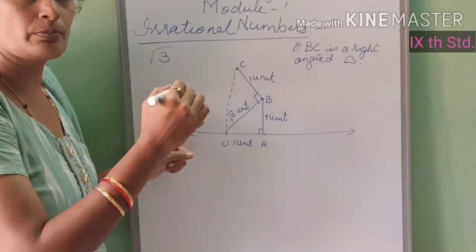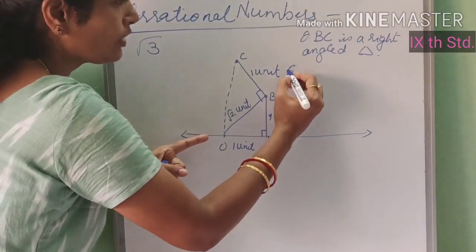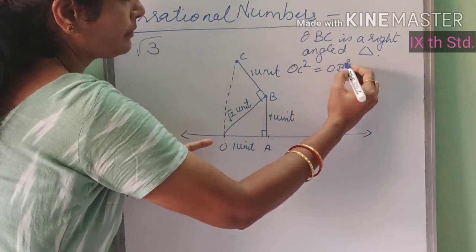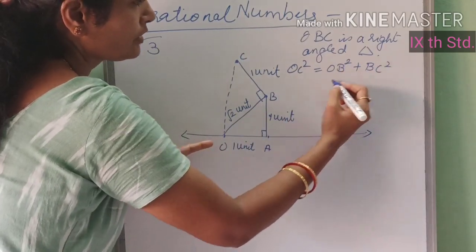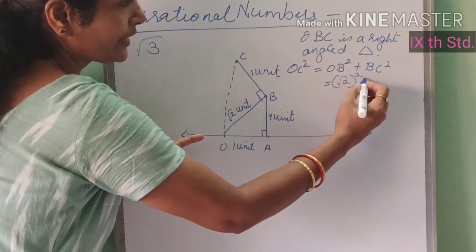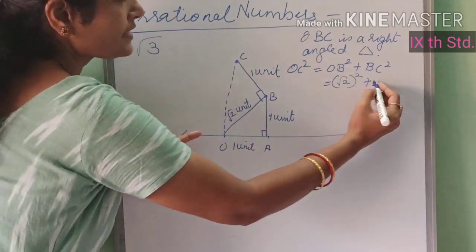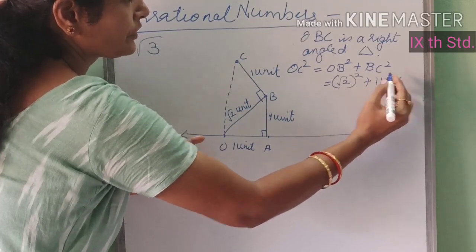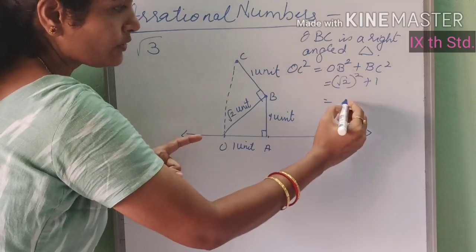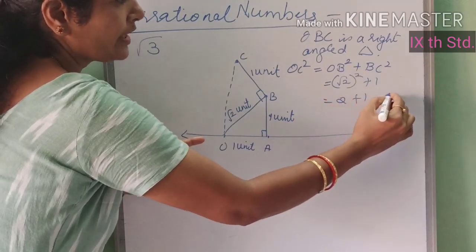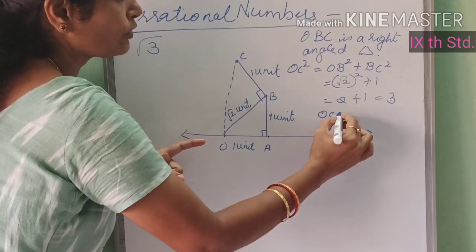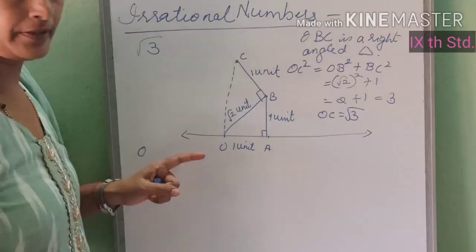Therefore, according to Pythagoras theorem, what happens? OC square is equal to OB square plus BC square. What is OB? OB is root 2. Root 2 whole square plus BC. BC is 1 unit. Right? Root 2 whole square is 2. 2 plus 1 is 3. OC square is 3. Therefore, OC will be root 3.